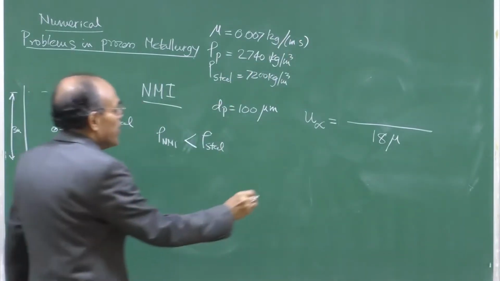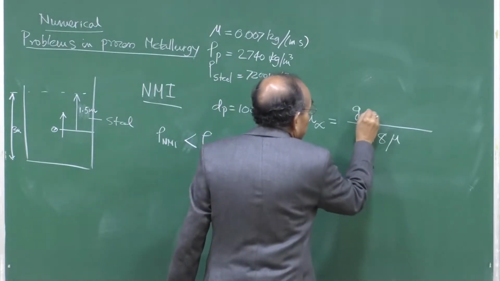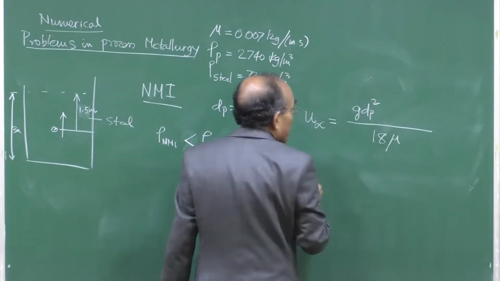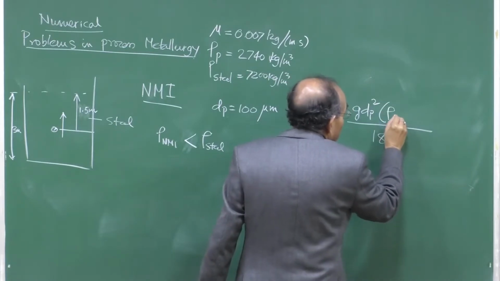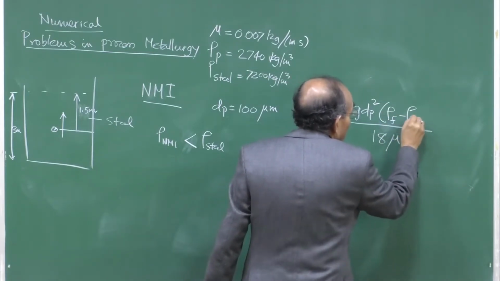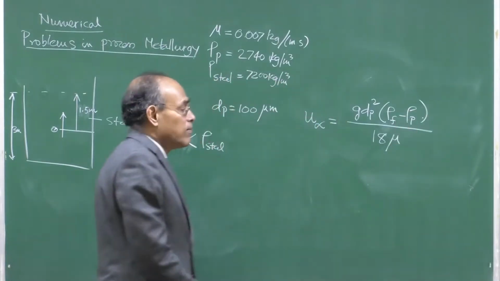So, U infinity is equal to g times d_p squared, the diameter of the particle, multiplied by rho_fluid, the fluid in which it is settling, minus rho_particle.